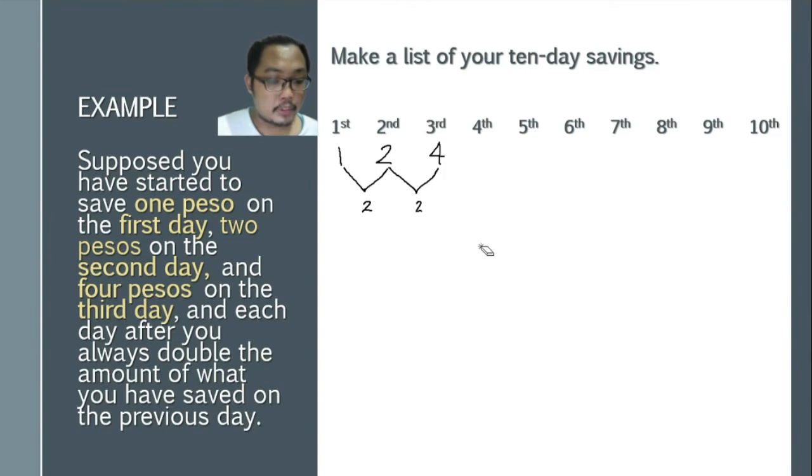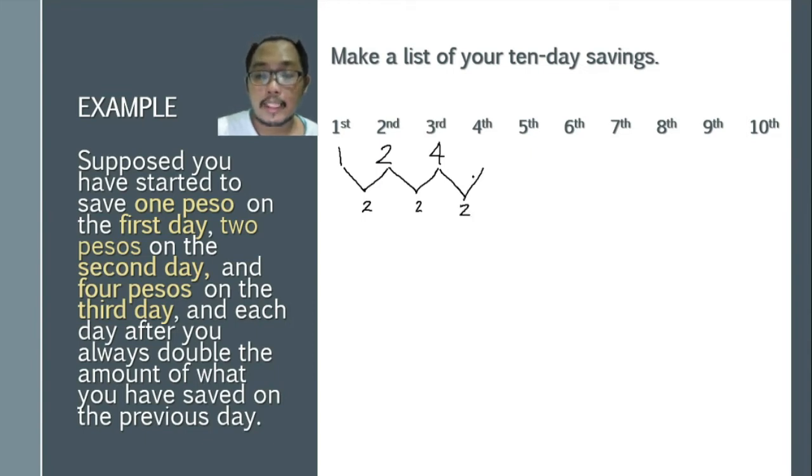Going back to the situation, it was stated here that each day after, you always double the amount of what you have saved on the previous day. So since our previous saving is 4, if we double such amount, then it is the same with the idea of multiplying the 4 with 2.